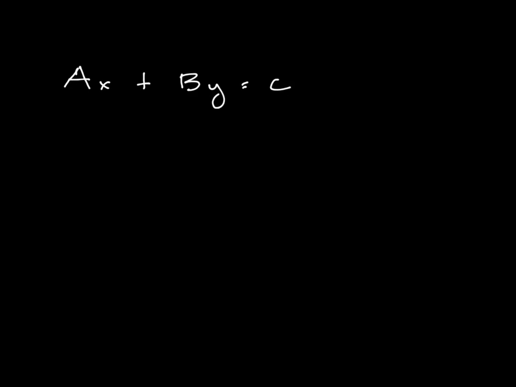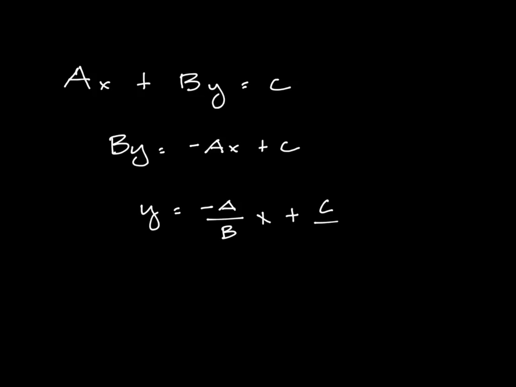A couple more things about general form. So ax plus by equals c. If we solve that for y, we get a general definition for how to find slope and y-intercept in that form. So we'll subtract ax from both sides, divide both sides by b, and we're done.